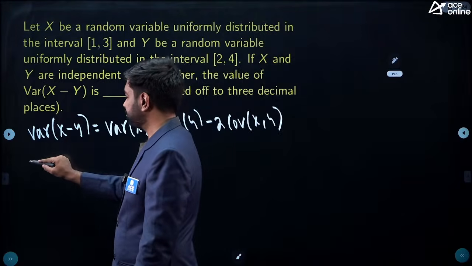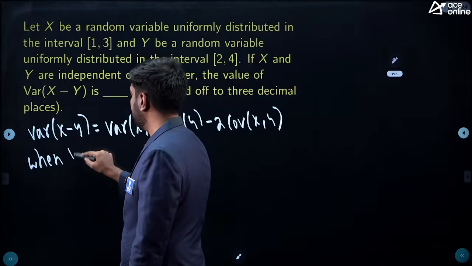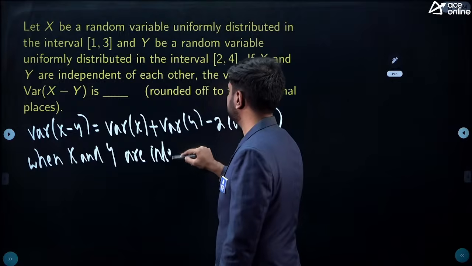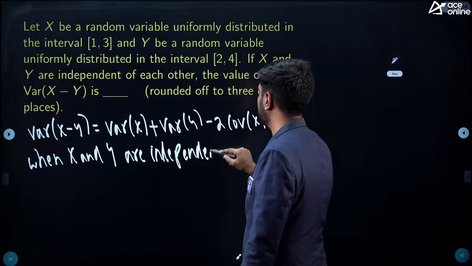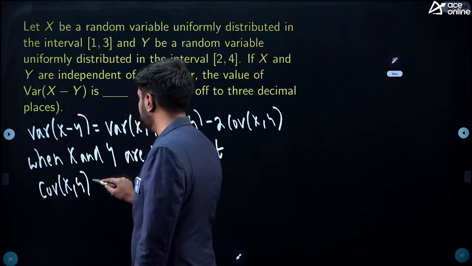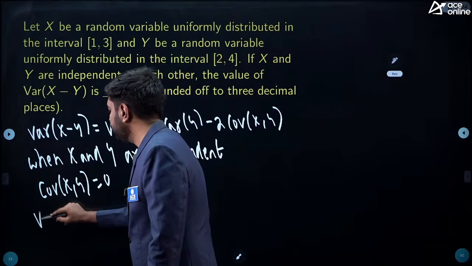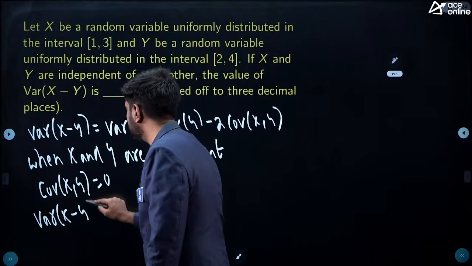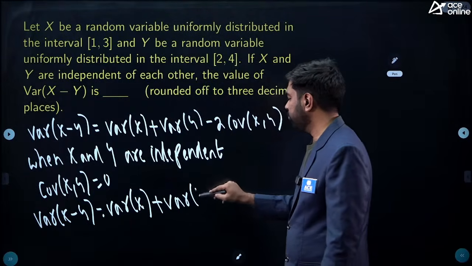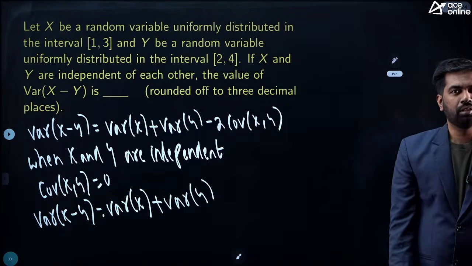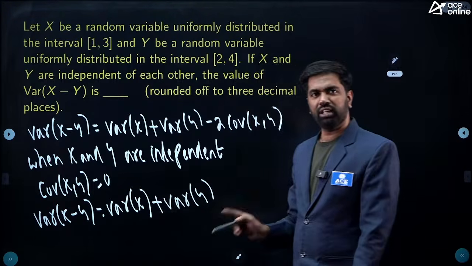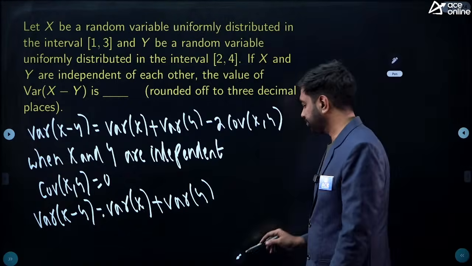But when x and y are independent, we have this covariance to be 0, and then this formula reduces to variance of x minus y equal to variance of x plus variance of y. Some students by mistake put variance of x minus variance of y. No, it is variance of x plus variance of y.